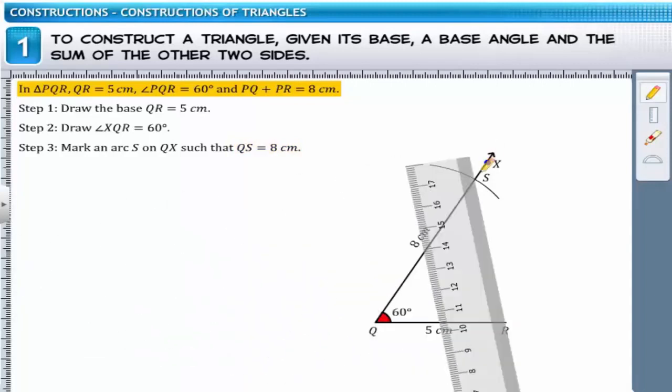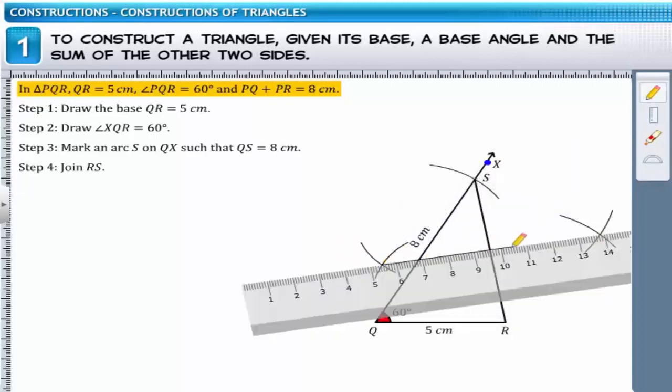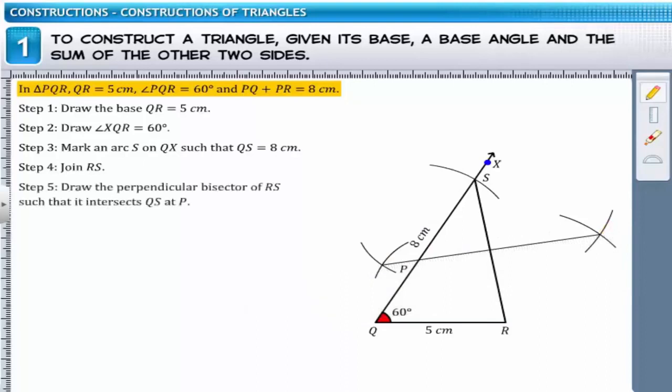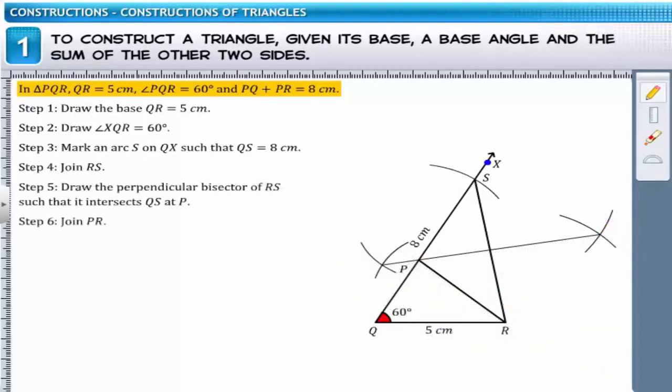Join RS. Draw the perpendicular bisector of RS such that it intersects QS at P. Finally, we join PR. Thus, PQR is the required triangle.